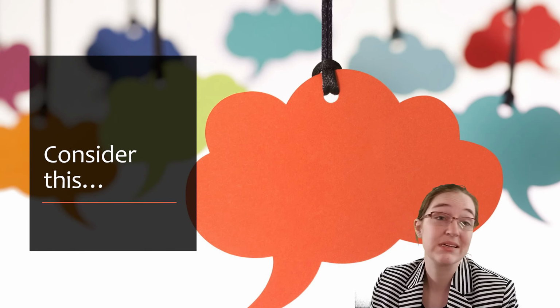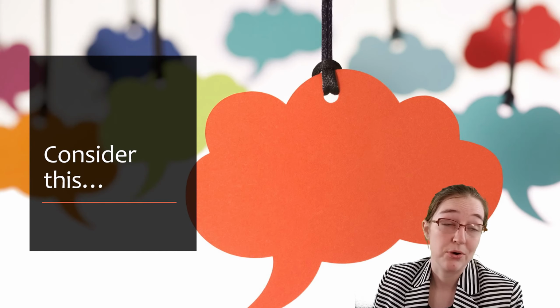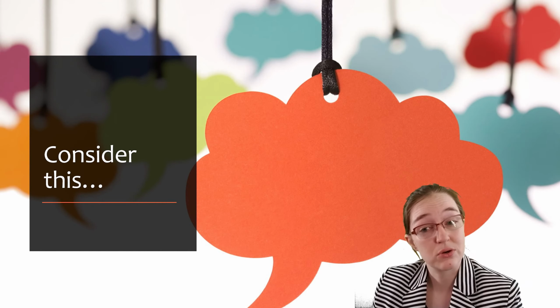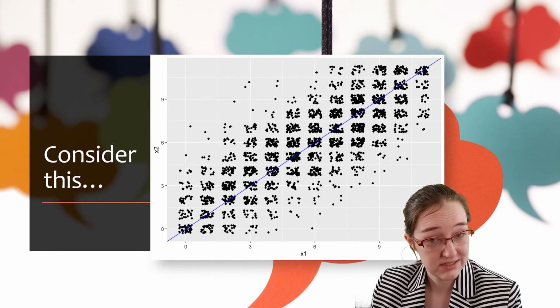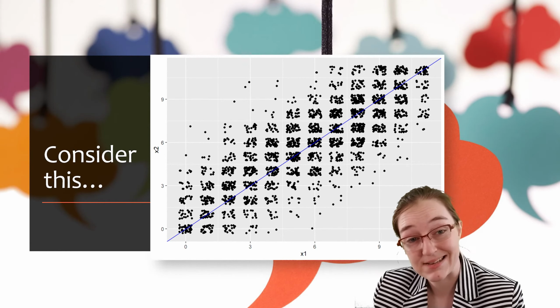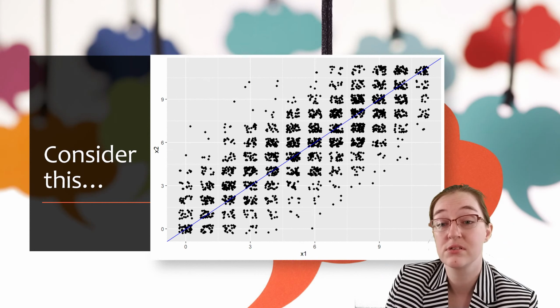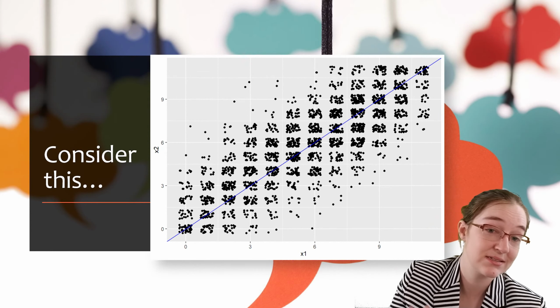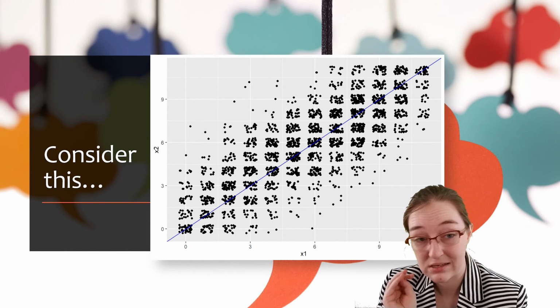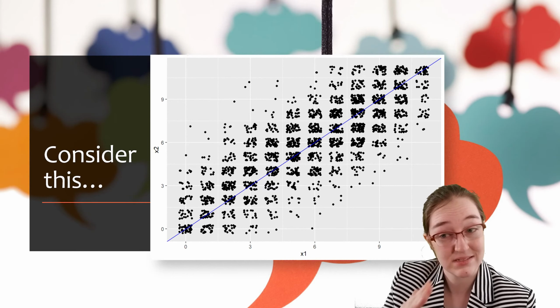So consider this. For an individual with a true score of 6, the perfect test would measure true scores perfectly and produce observed scores of X equals T, which equals 6 on that solid line.